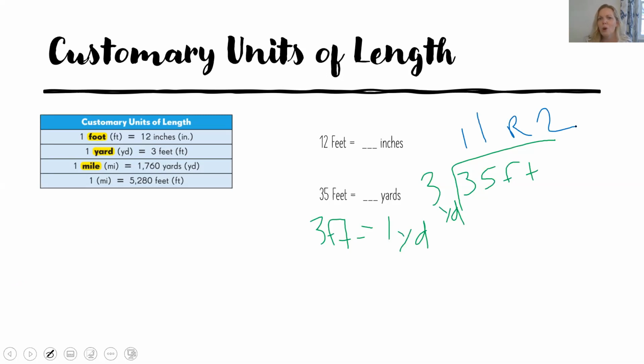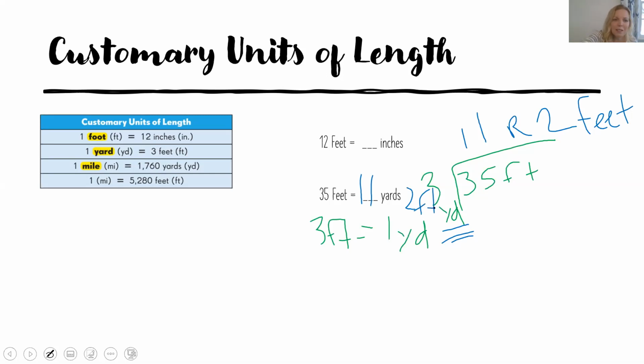If I was starting in feet, that remainder is in feet because I was trying to divide it to solve for how many total yards. That remainder means there's not enough feet to make 1 yard. So 35 feet into yards would be 11 yards with 2 feet left over, okay?